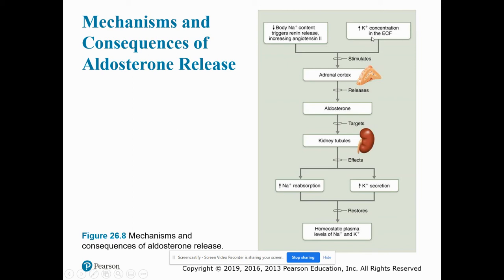We go this way, we have an increased concentration in the extracellular fluid of potassium. This also stimulates the adrenal cortex to release aldosterone to target the kidney tubules. And this is going to increase potassium secretion, which is going to restore homeostatic plasma levels of potassium.